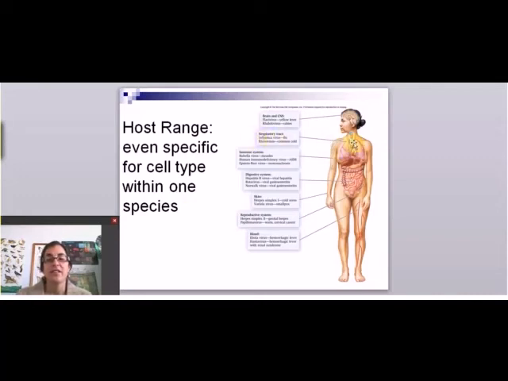Influenza virus affects the respiratory tract. The rhinovirus, which causes the common cold, also specifically affects the respiratory tract. HIV, we talked about, affects immune cells. Rubella, which is the measles, and Epstein-Barr, which causes mono, all affect the immune system.